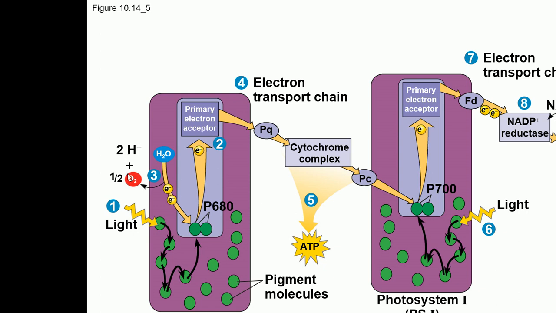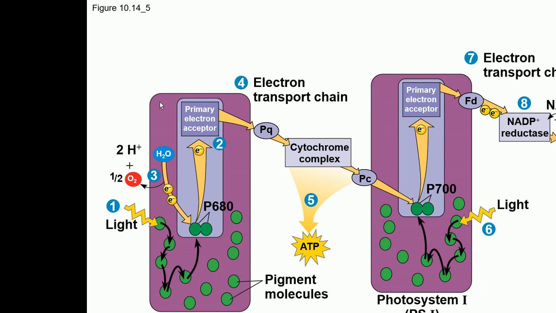Basically, the pigments in the light harvesting complex absorb the energy from the sun, and this energy is passed through these pigments and eventually reaches the special molecule of chlorophyll A. That energy excites the electrons, and then these electrons are accepted by the primary electron acceptor.